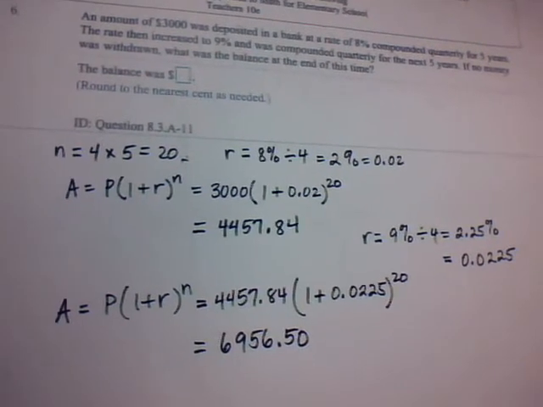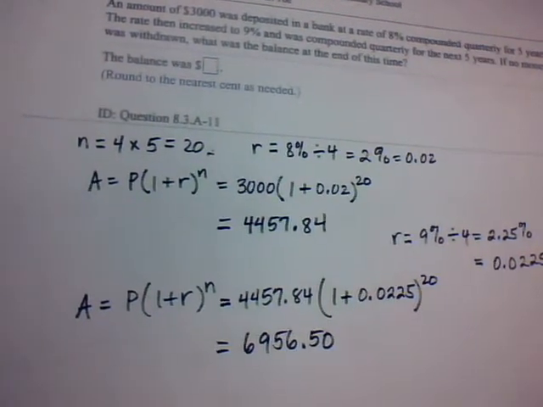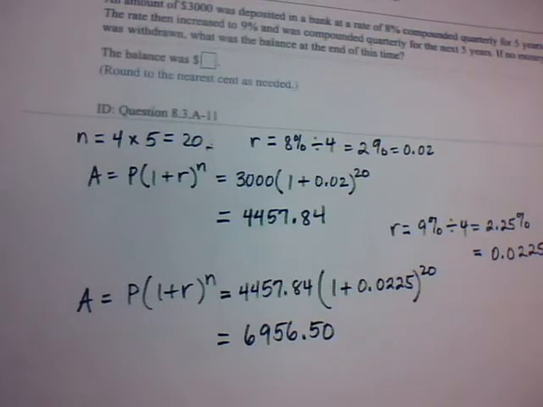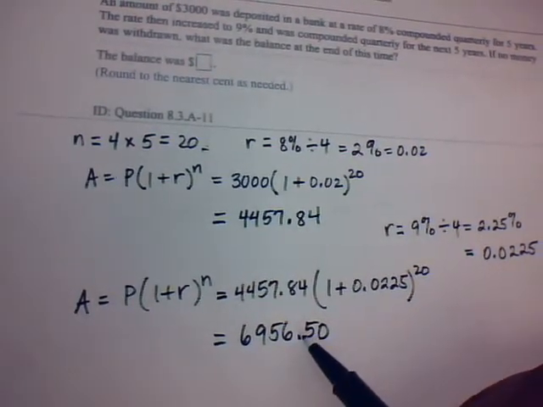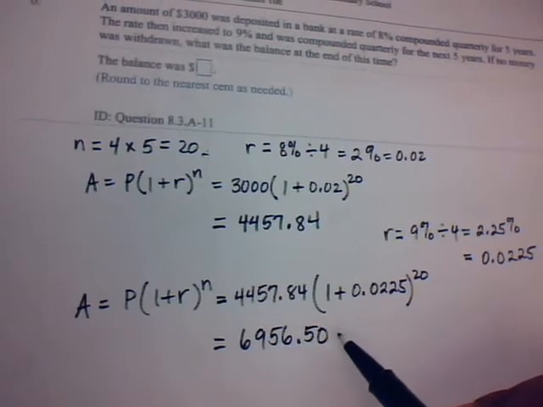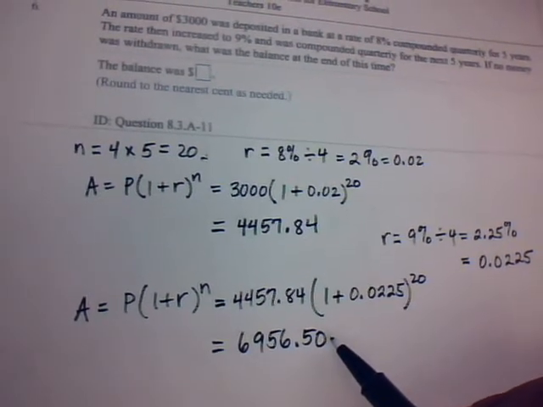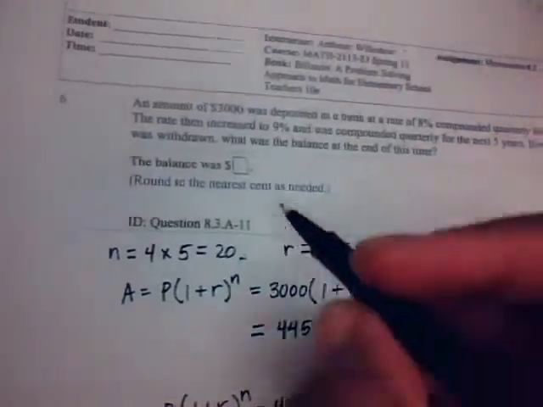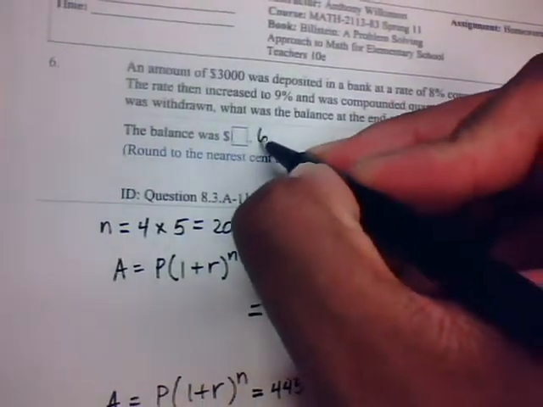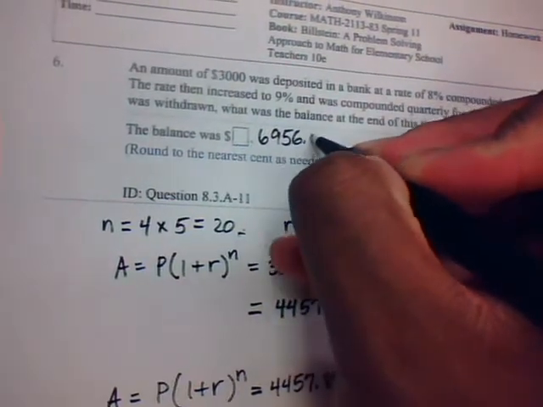That's the balance in the account after this amount was compounded quarterly at 9% for another 5 years, and no money was withdrawn. So this will be your final answer, or your final amount, $6,956.50.